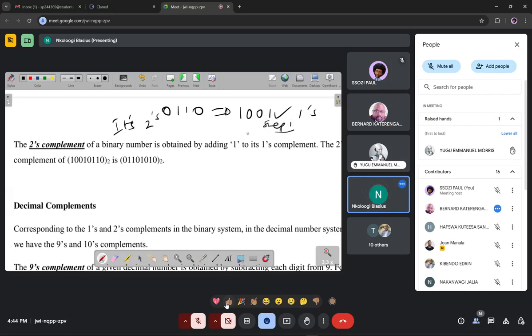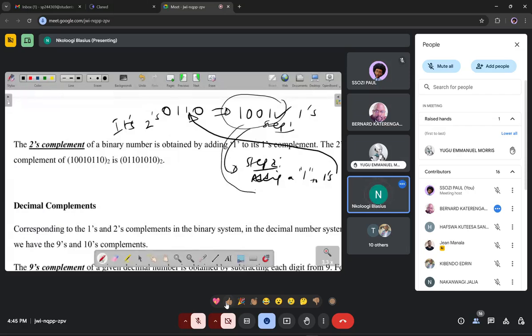The next step, step two, would be adding a 1 to the one's complement of the number we were given. So the one's complement of this number is this one here. In step two, you bring this number here and add a 1. So you say 1001 plus 1.